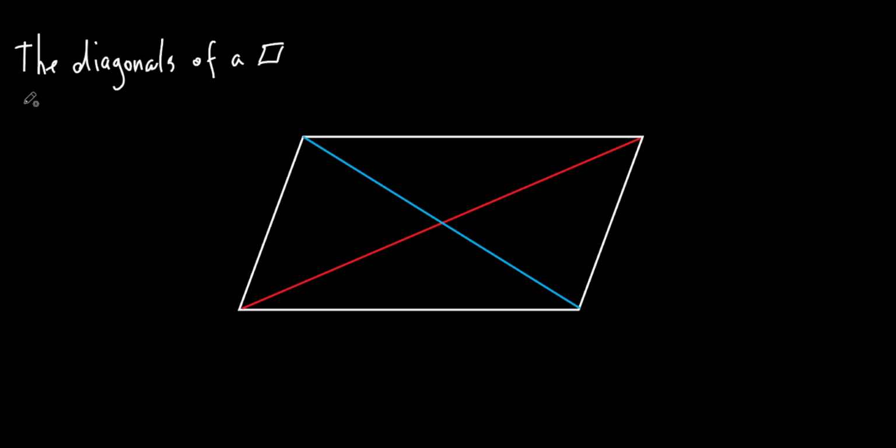They bisect each other. We've used that word before as well. Let's see if you know what it means to bisect. So let's put some letters in here. Let's go A, B, C, D. And let's call the point where they hit E.